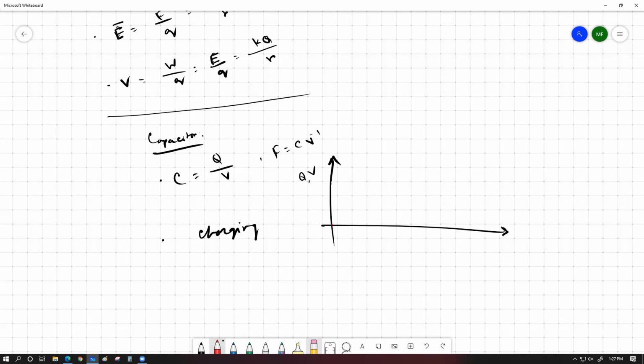So initially we have a pretty high rate, and then the rate slowly decays over time. So this somehow looks like this.